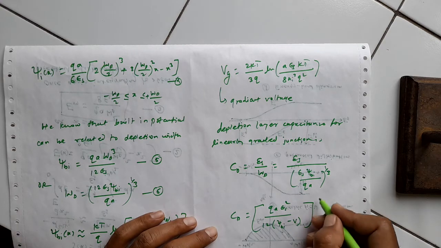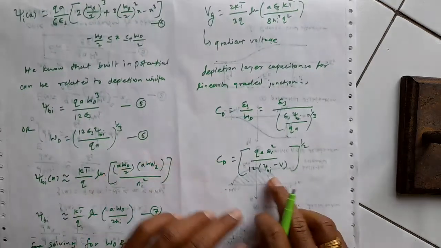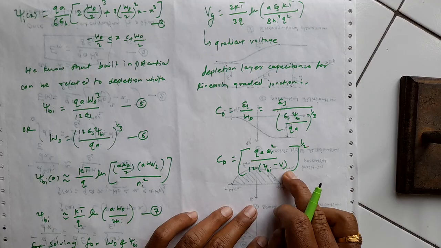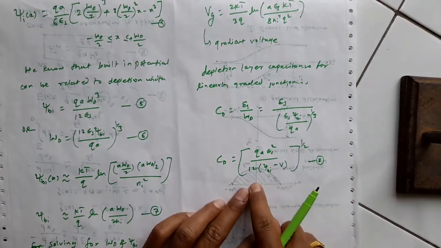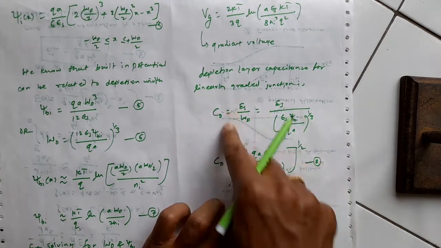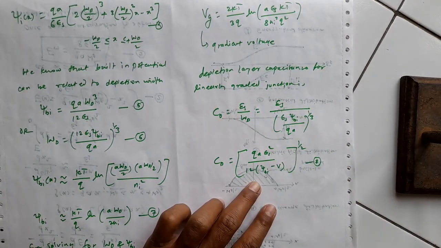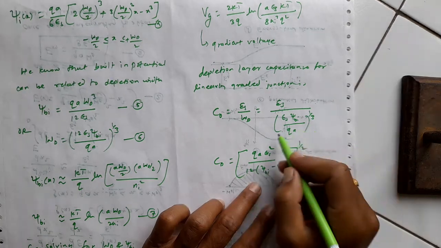Now there is a sudden change in our equation. That is the equation when no biasing potential is applied.